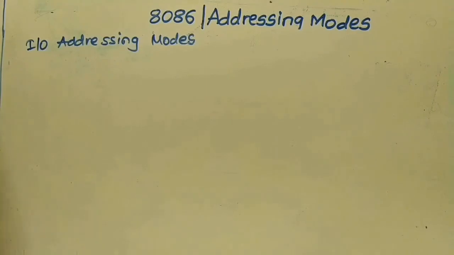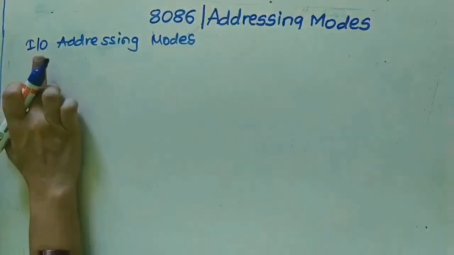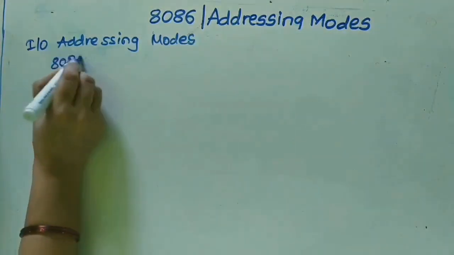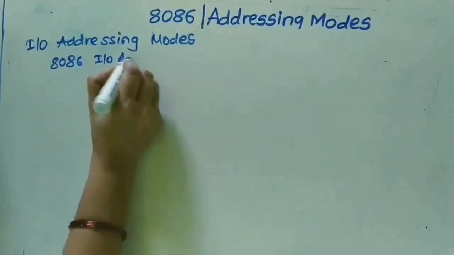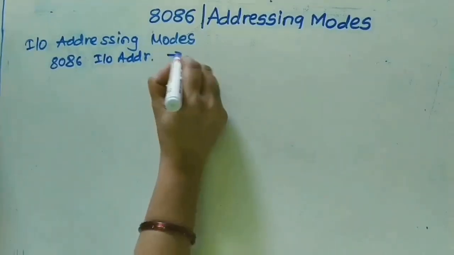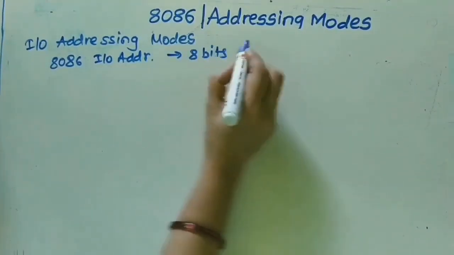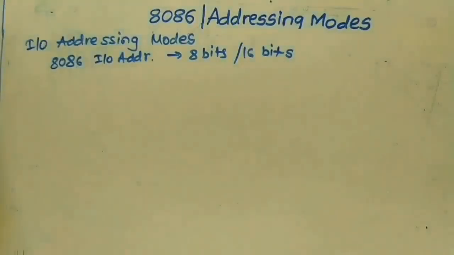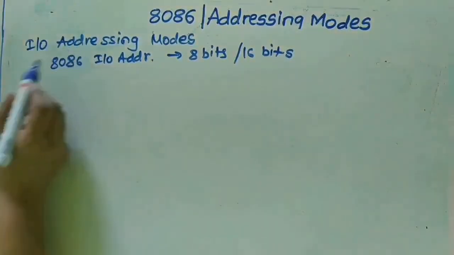We'll see the second type of addressing modes, that are IO addressing modes. For that, let's consider the IO addresses. For 8086, the IO address can be 8 bits or 16 bits. There are two types of IO addressing modes.